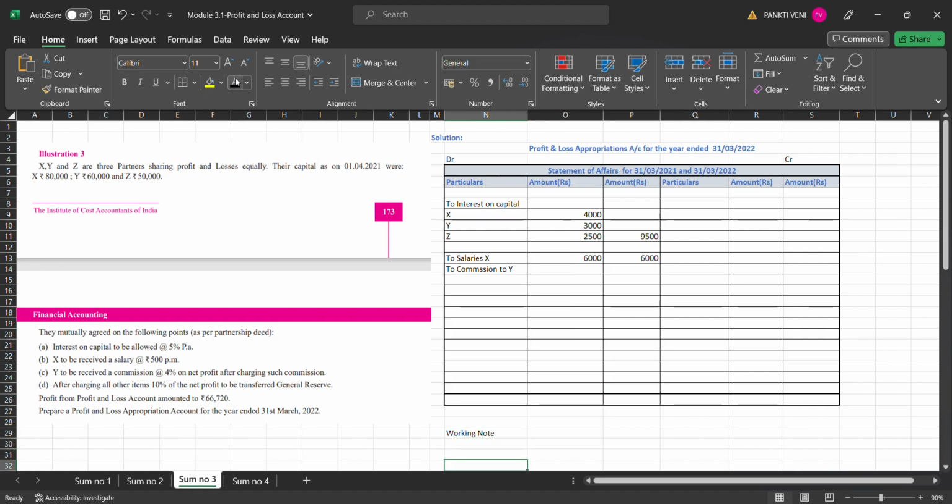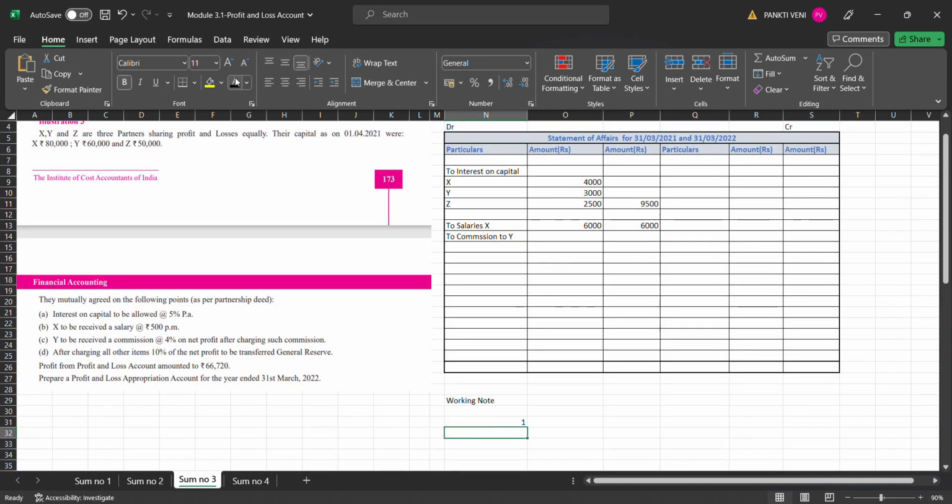Working note, calculation of commission. So we have net profit of 66,720. On net profit, we are required to calculate our commission amount.